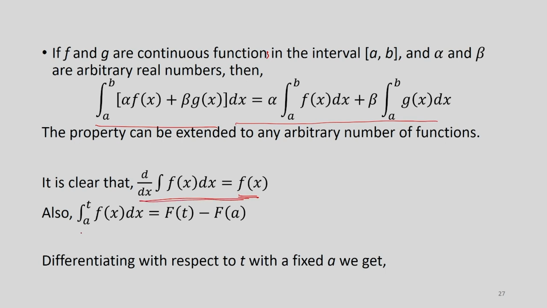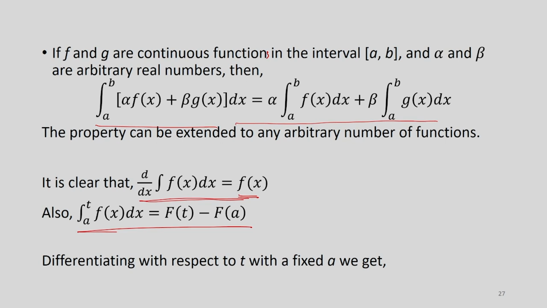Also, if I take the limit from a to t, where t is, let us suppose, a particular variable, then we get F(t) minus F(a), where F(a) is a constant. Now, I take this relationship and differentiate it with respect to t, because as I told you, t is a variable whereas a is a constant.